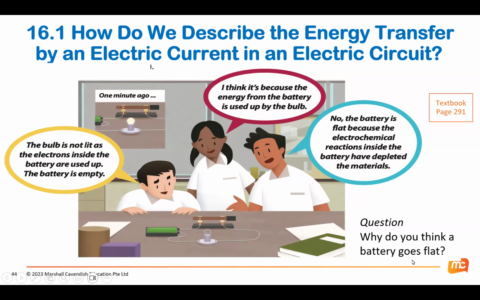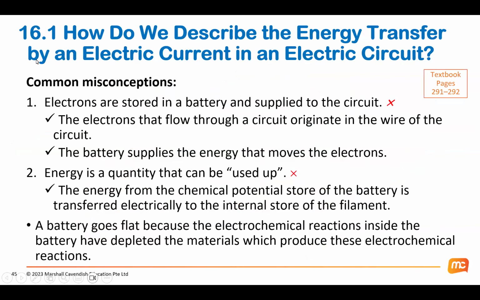So the question is, why do you think eventually the battery will go flat after using it for some period of time? Okay, is it because there's no more charges, there's no more energy inside the battery, or is it because the reaction cannot occur inside the battery as the material has been used up? Okay, so some of the common misconception over here is the first guy is wrong because electrons are not being stored up in the battery.